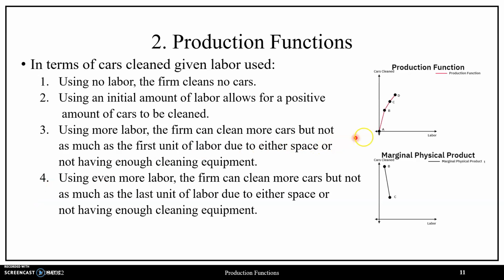And what this means in terms of production is more labor being used, then more cars can be cleaned, as evident with point D. And in terms of our marginal physical product then, once again, since a positive amount of cars is being cleaned with this third person being brought on board, this means a positive amount of cars being cleaned, but since they're not as useful as our second and first person, they're going to be strictly below points C and D.